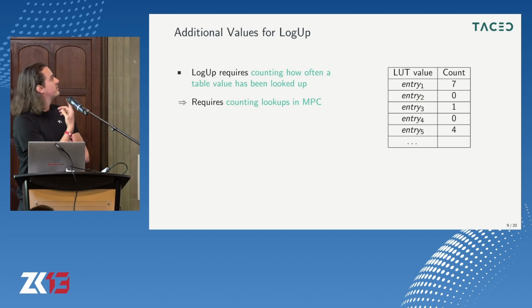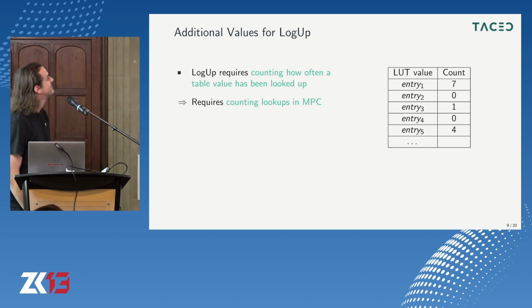This counter is then later used in the constraints of the proving part. Compared to the plain ZK case, this is substantially more difficult, since in plain ZK you can just increment your counter, but in MPC you not only have to do this lookup in a secure way, but also do the counter increase without leaking anything.